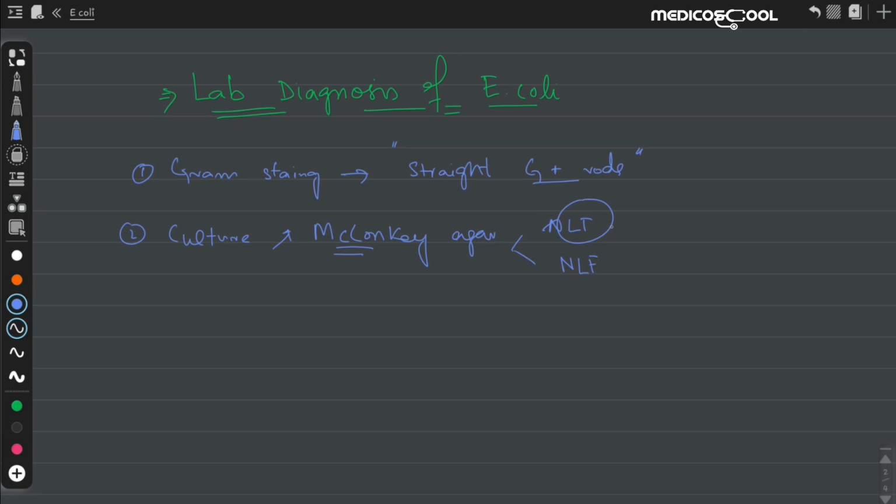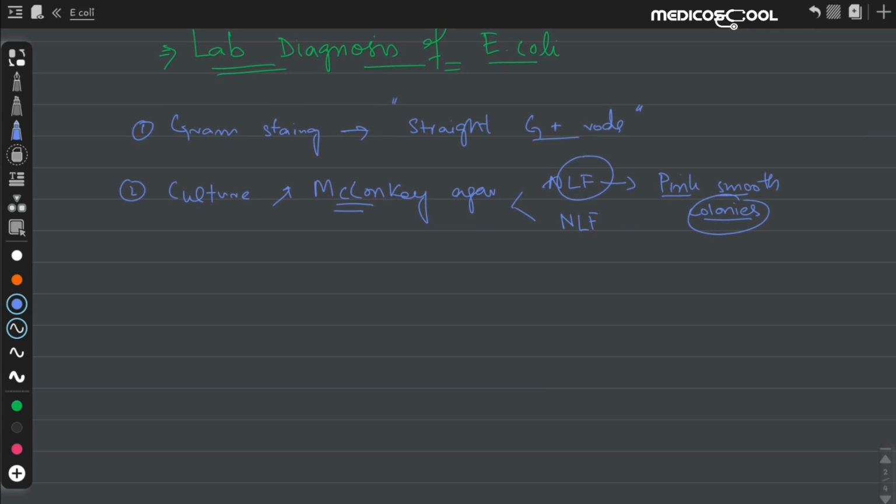If it is a lactose fermenter, we will find pink smooth colonies on the agar. But along with Escherichia coli, there are also many other bacteria which are lactose fermenters, and they also give this pink smooth colony.